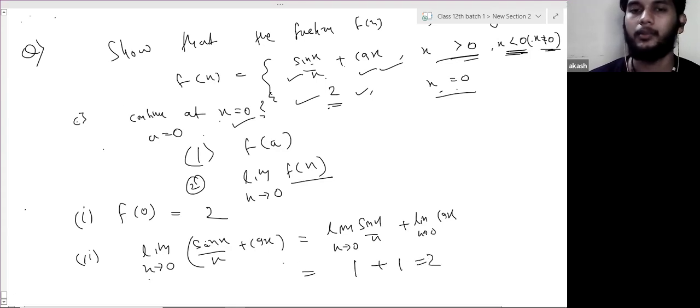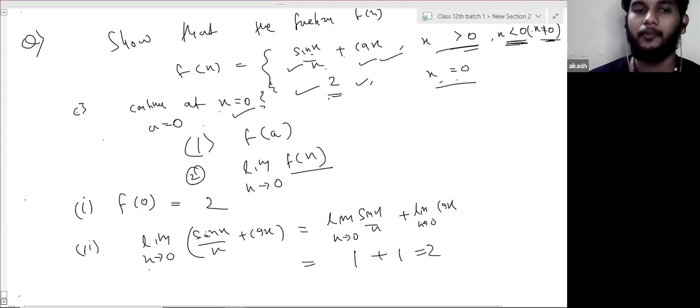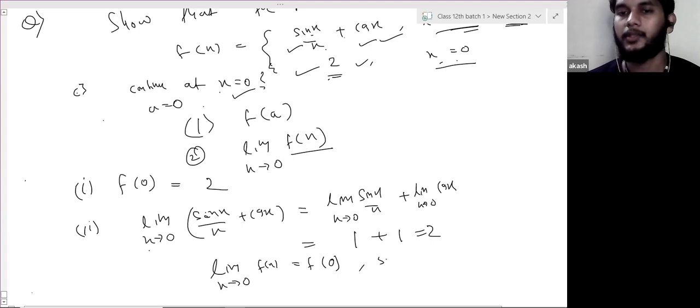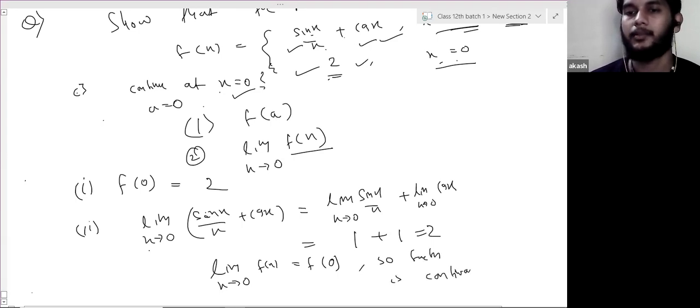So the answer is 2. So limit equals to f of a. So the function is continuous. Is this clear or not to everyone?